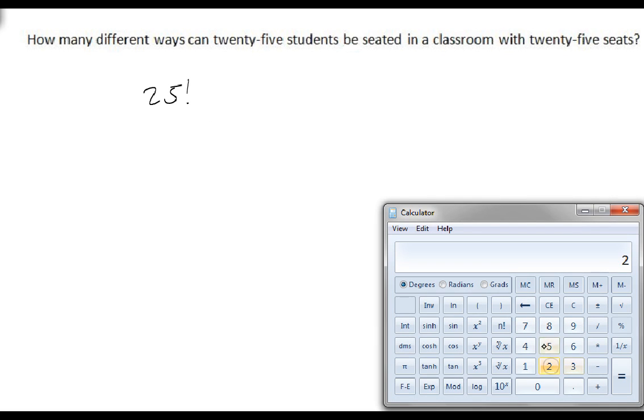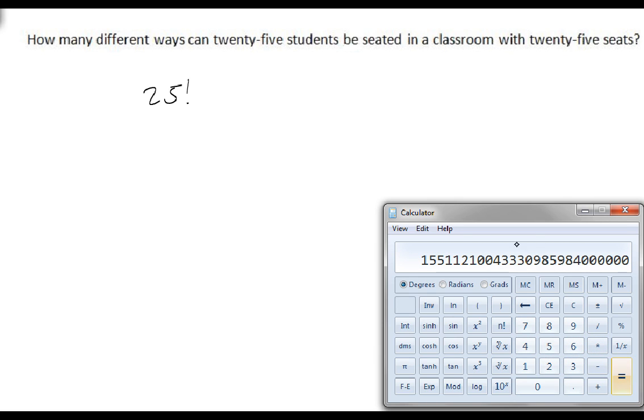So we're going to get out that calculator again. We're going to do 25 times 24 times 23, 22, 21, 20, 19, 18, you can see this is getting very large very quick, 17, 16, 15, 14, 13, 12, 11, 10, 9, 8, 7, 6, 5, 4, 3, 2.